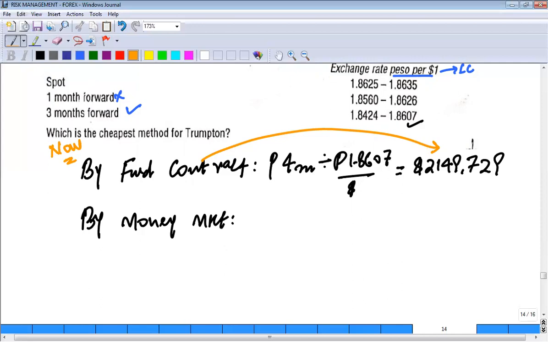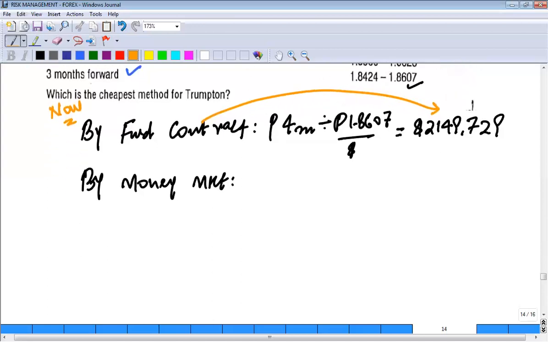Number two, the second important thing, is the money market. What is money market hedging? In the case of payment, foreign currency payment means liability.